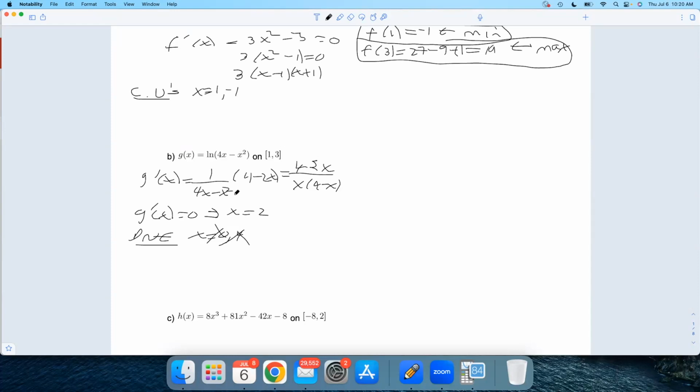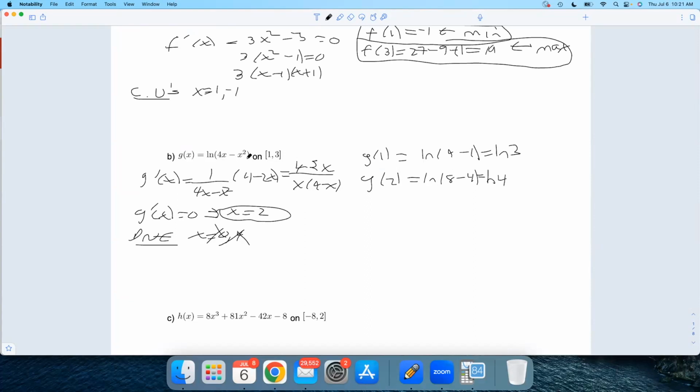All right, so now we've got to check this critical value and these endpoints. G of 1 is natural log of 4 minus 1, that's natural log of 3. G of 2 will be natural log of 8 minus 4, that's ln of 4.